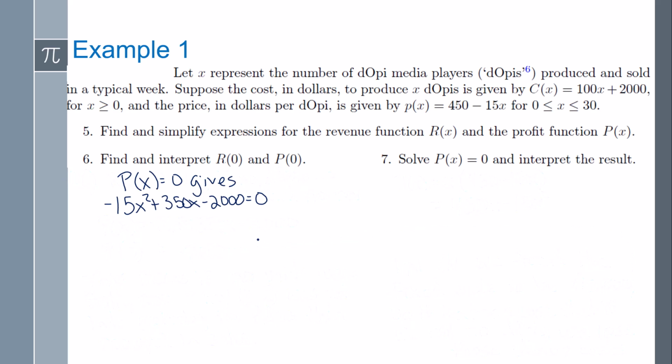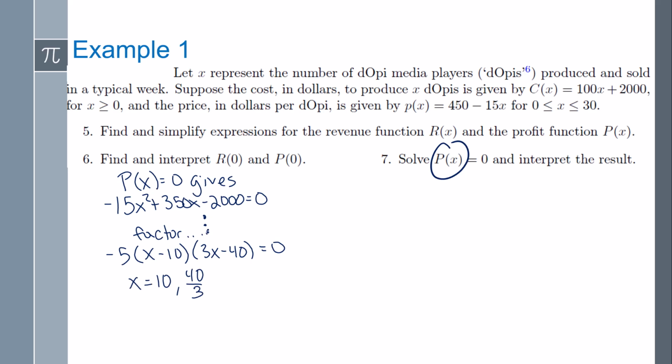And the last one, solve P of X equals 0. Now this is capital P, so our profit function equals 0. So we could try and factor it. You could use the quadratic formula. I just factored it. I know that we're still going to review factoring. That's okay. But I factored it, and I got X equals 10 and 40 over 3.